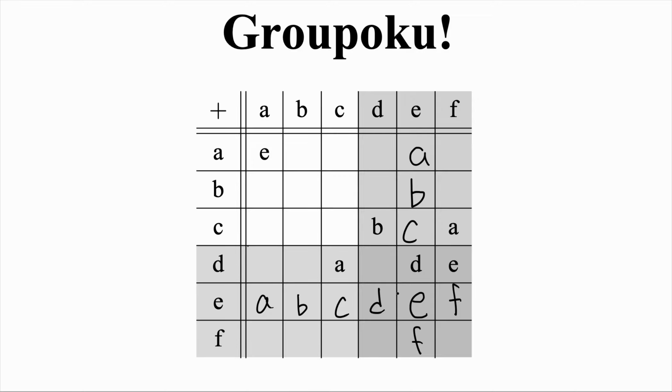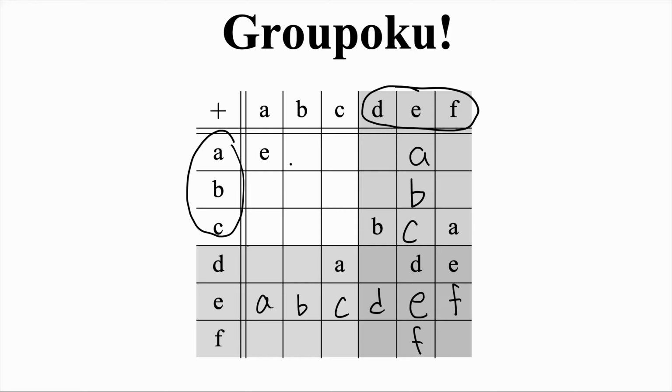Okay, the next step of a Groupoku puzzle is that this is actually a Groupoku inside of a Groupoku. So if I looked at the set ABC, and I added the set ABC to DEF, wait a minute, I'm not just adding numbers, I'm adding a whole set of things.